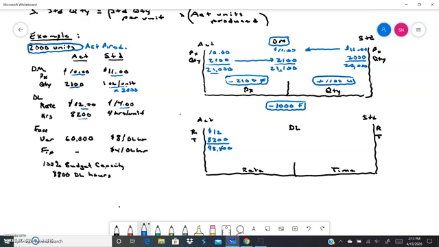Now our standard rate is $14. And again, standard quantity is standard quantity per unit times number of units, actual production. So here, 4 hours per unit are allowed. That's our standard quantity per unit times our actual units. Actual units are 2,000, and we're going to actually come back and finish this up in the next part.